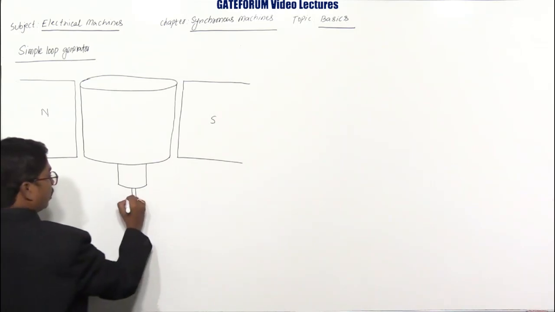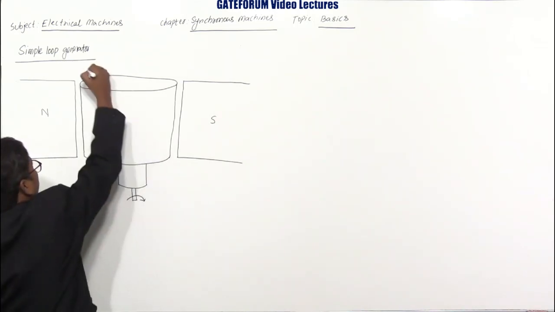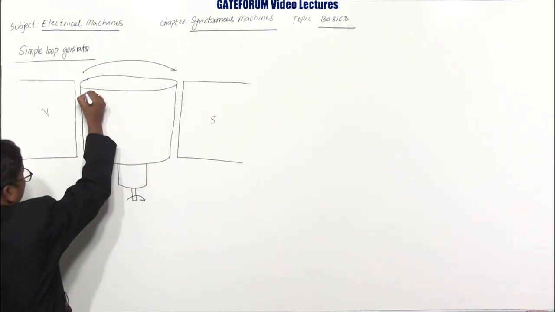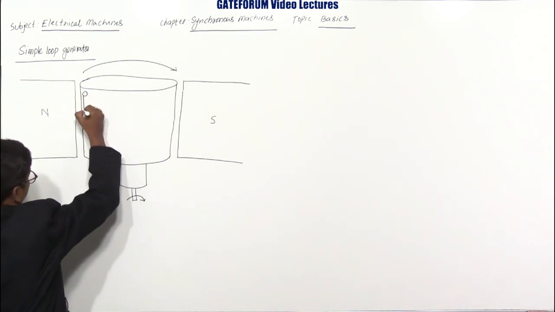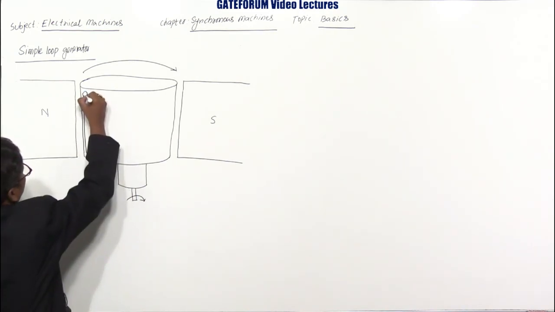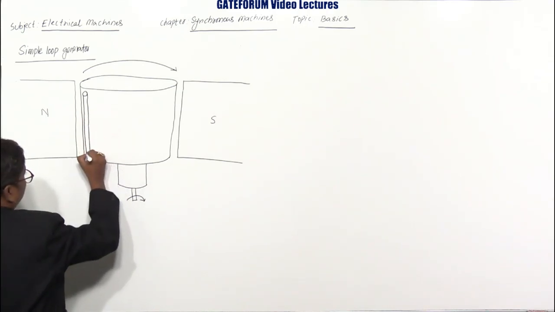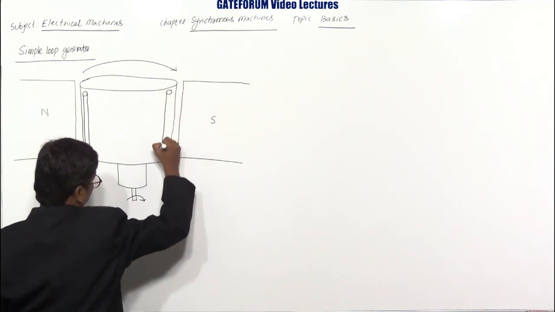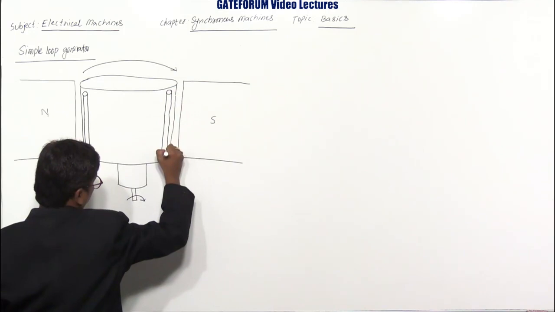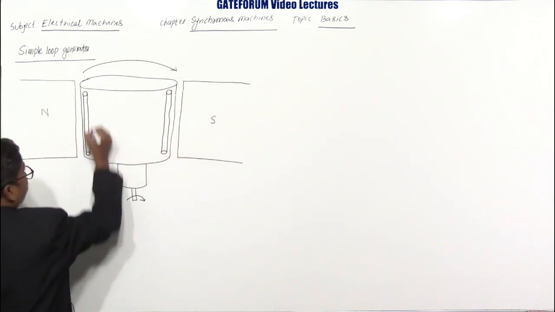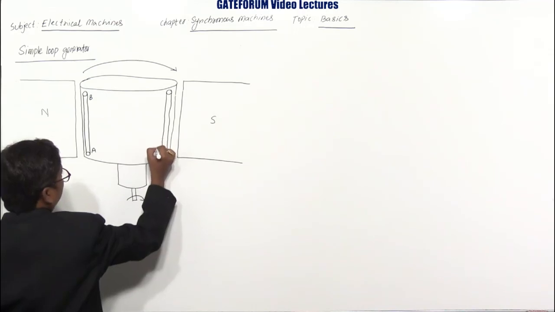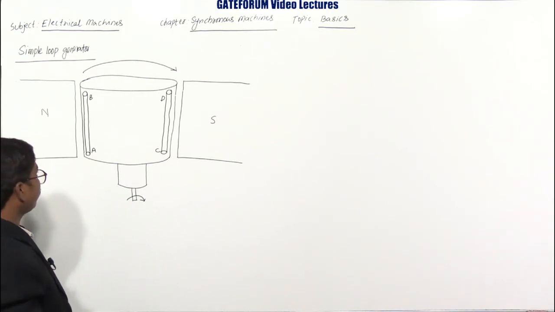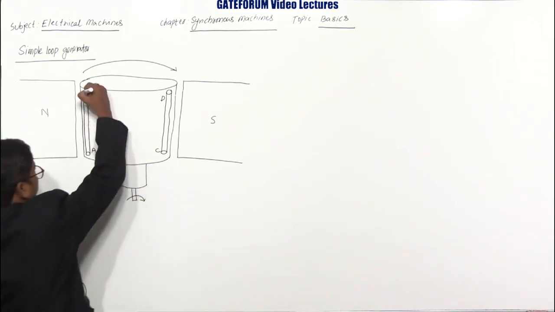So this is the shaft. We are going to rotate the total system like this. And here we are having two conductors. This is the conductor AB, and this is conductor CD. These two are joined together.